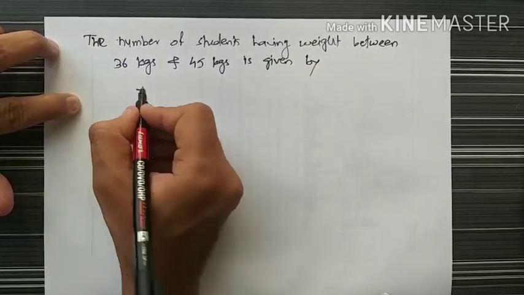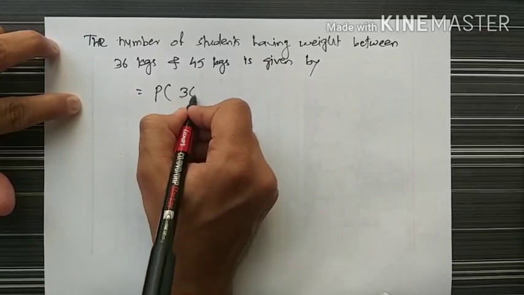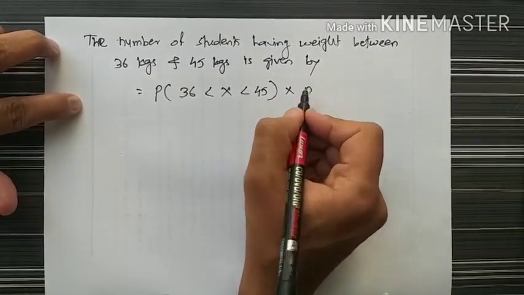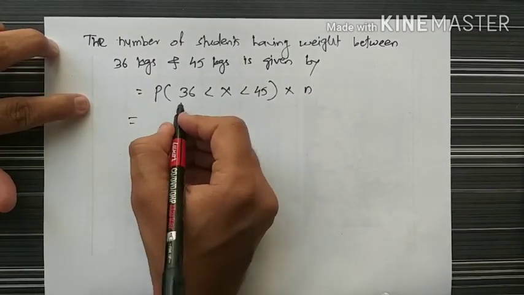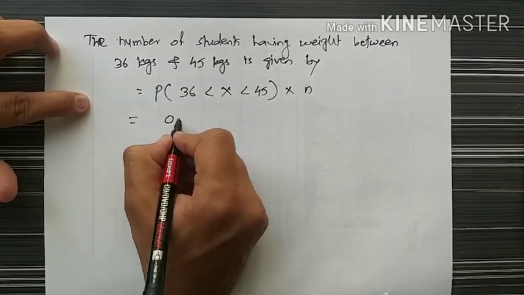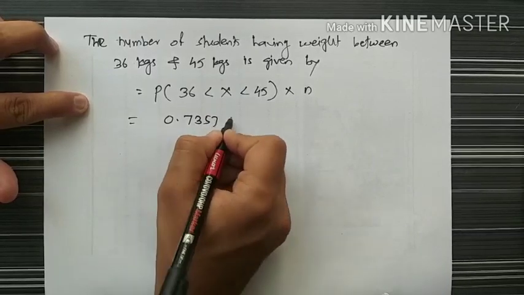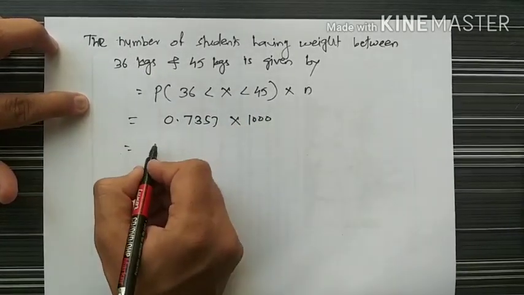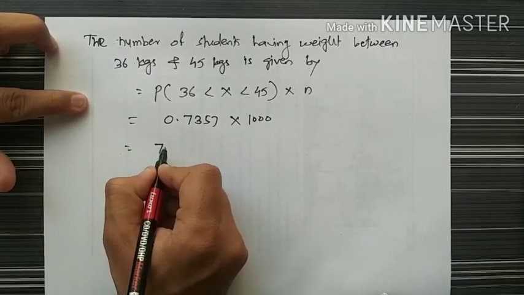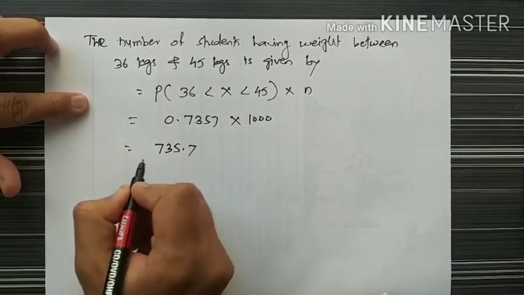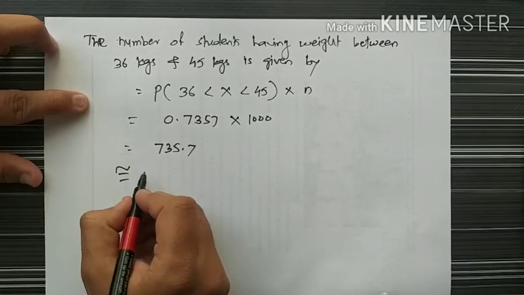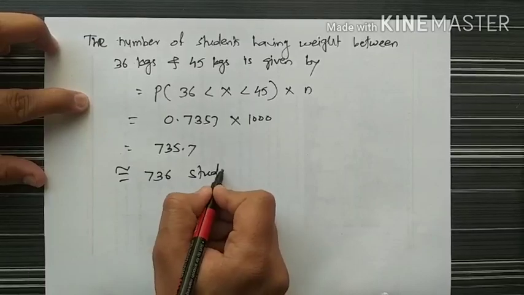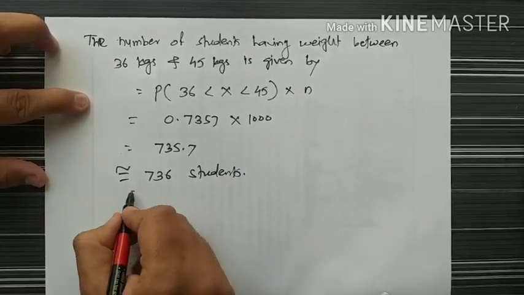It is given by the probability that 36 is less than X less than 45, multiplied by n. We computed this probability as 0.7357, multiplied by the total number of students, 1000. Ultimately this will be 735.7, approximately 736 students. That's it. Thank you.